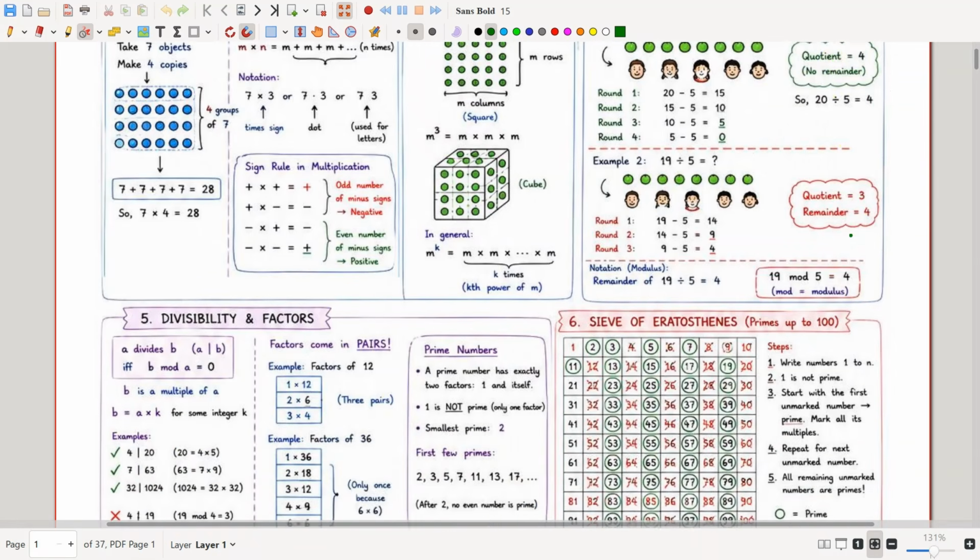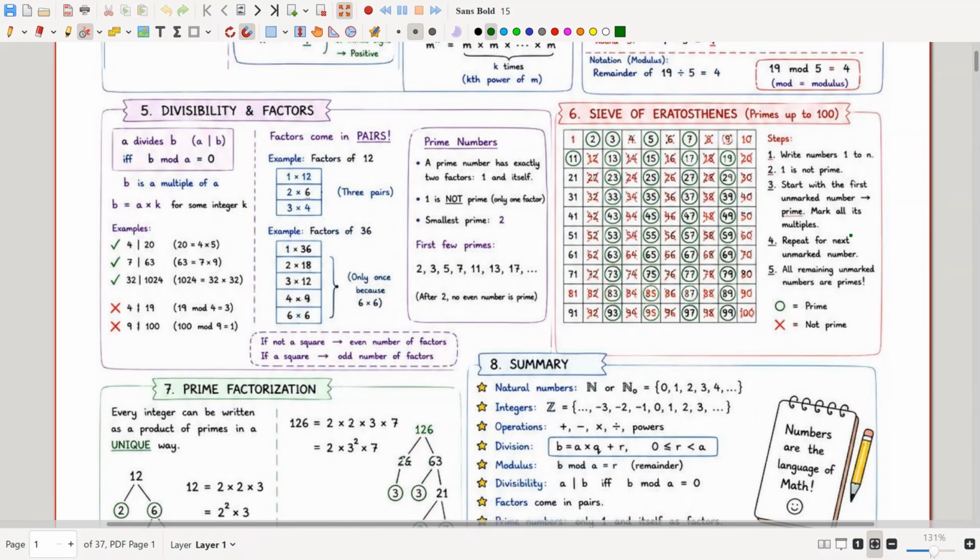Okay. Now let's see about divisibility and factors. So A divides B if and only if B mod A is 0. See here, 2 divides 20 means 20 mod 2 will be 0.